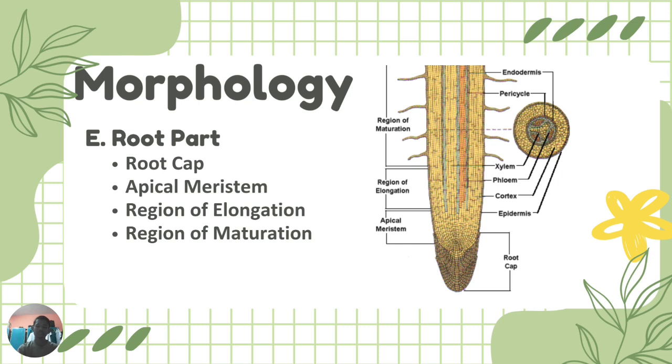And the last one is about the root. The parts of a root are the root cap, apical meristem, region of elongation, and region of maturation.